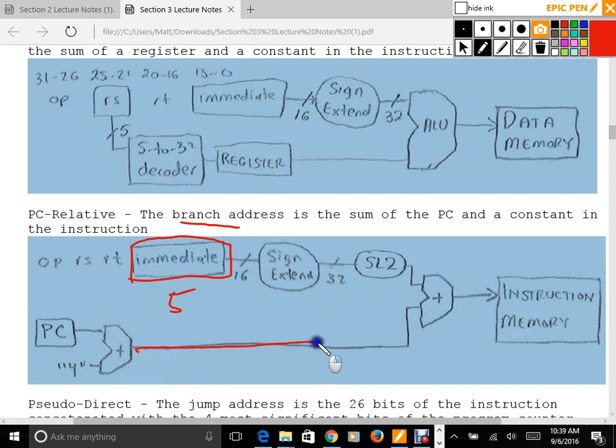And then here we have program counter, we have an adder, and we have the number 4. Now, the reason we have the number 4 there is because of byte addressing. So how long is an instruction in MIPS? 32 bits, right?